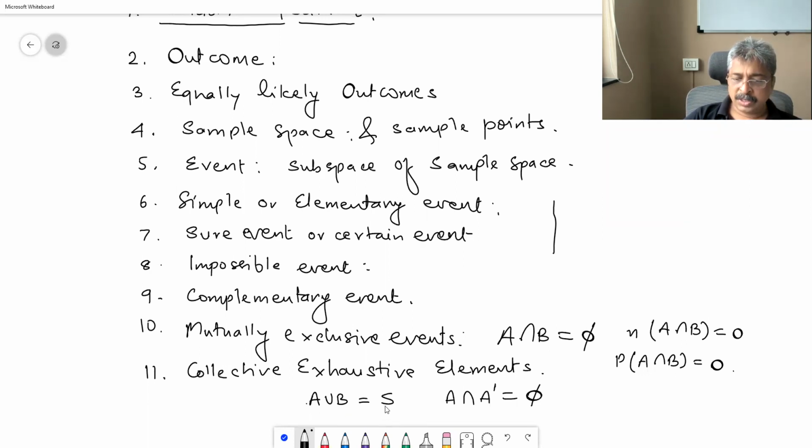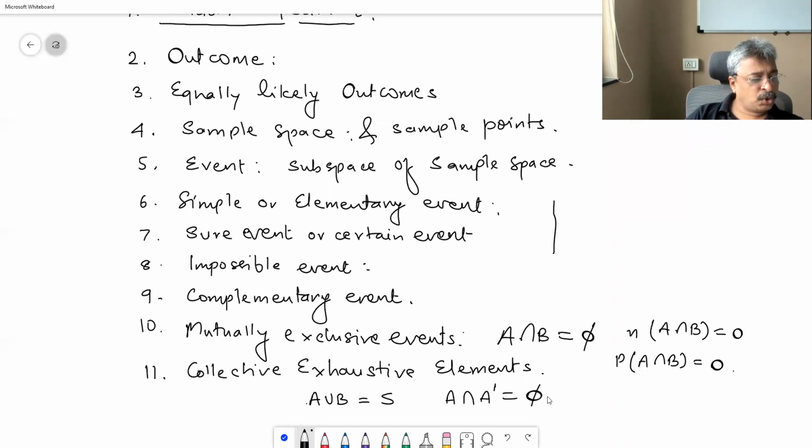A union B is the sample space, A intersection A dash is empty. So all put together will exhaust the total sample space.